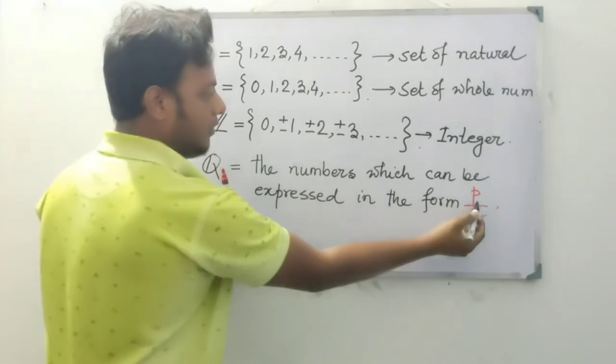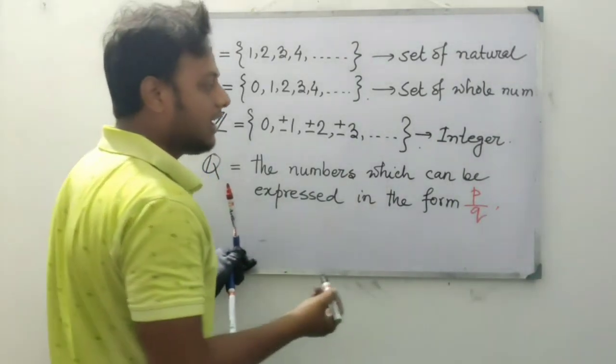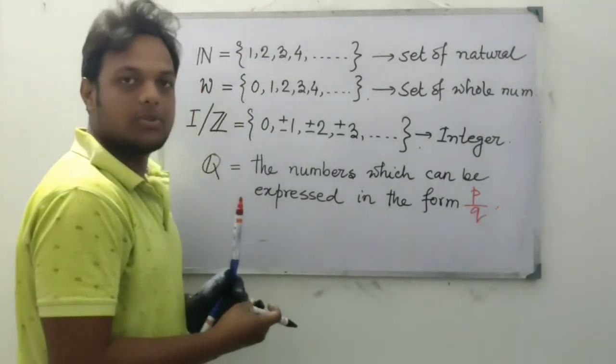Now we have to introduce P and Q. Which kind of number can take the position of P and the position of Q?